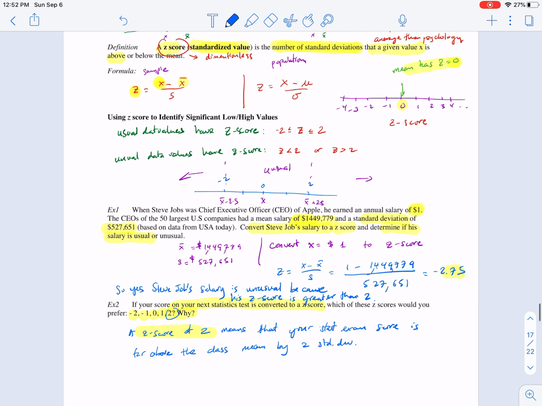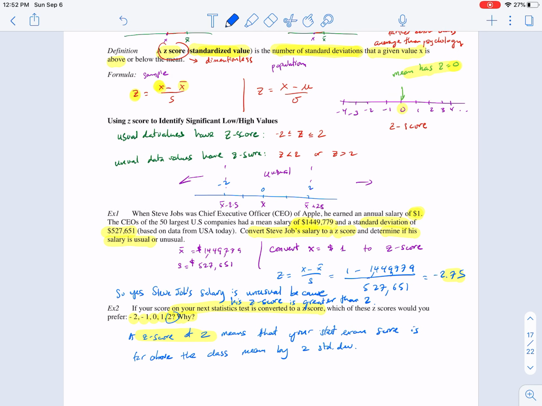We talked about z-score measurement in the last video, and that is just, given a value of x from a data set, we can take that data value and discuss how far that data value is above the mean or below the mean by looking at the number of standard deviations, and that itself is a z-score.